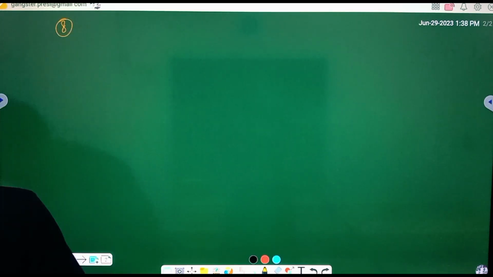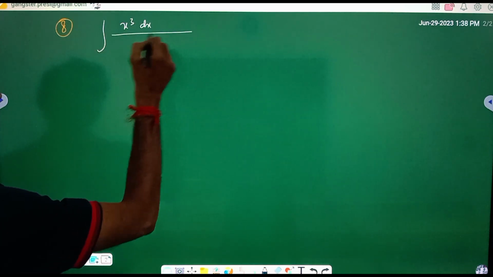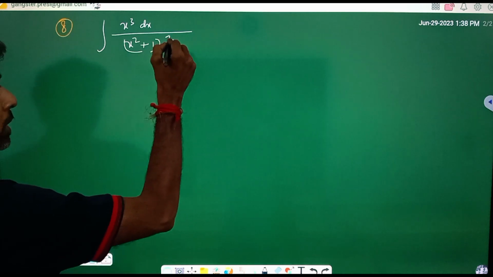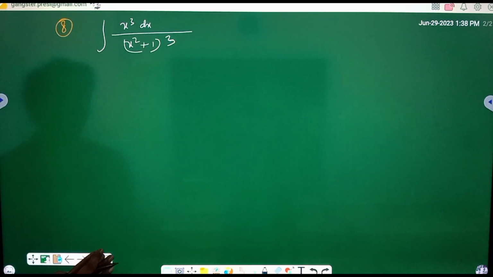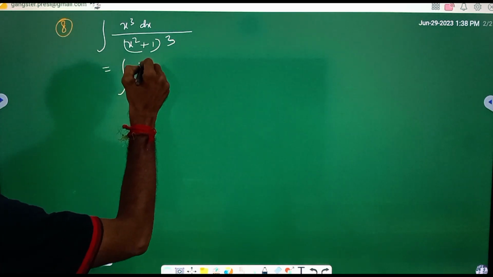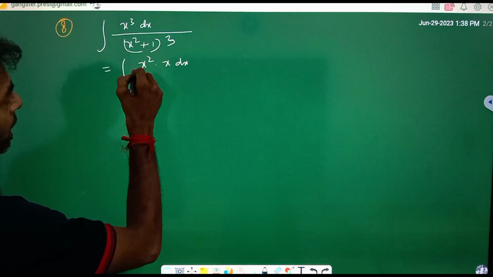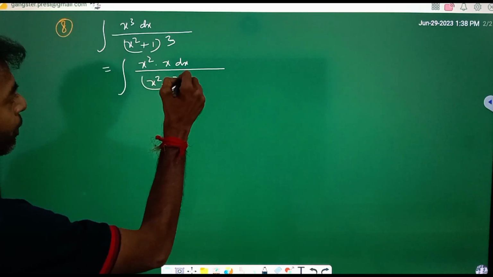What's problem number 8? Problem number 8 is integration of x cube dx divided by x square plus 1 whole cube. That's our problem number 8. Now what we are going to do here, we are going to break x cube as x square into x dx divided by x square plus 1 whole cube.